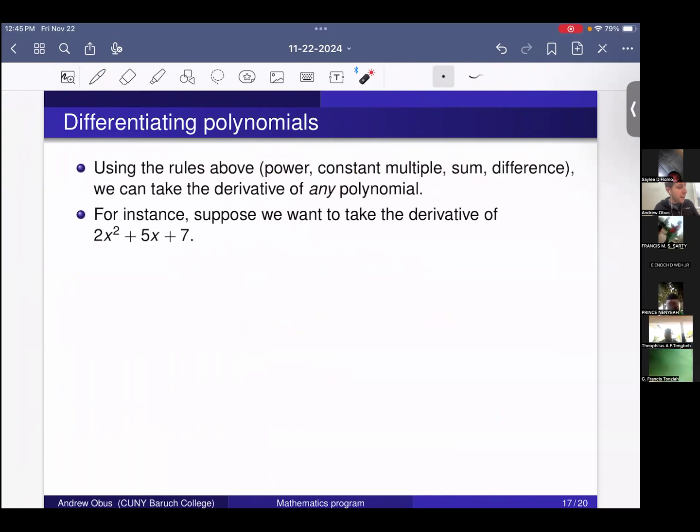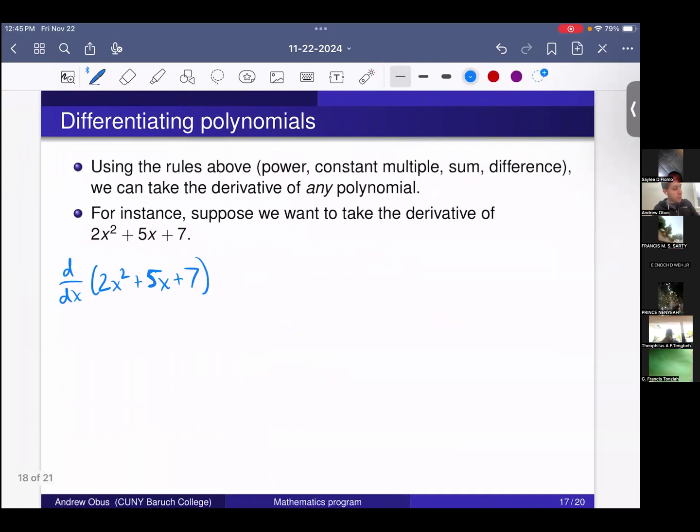So let's say we want to take the derivative of 2x squared plus 5x plus 7. We can just use all the rules. So d/dx of 2x squared plus 5x plus 7. First, we can use the fact that this is a sum to break this up.